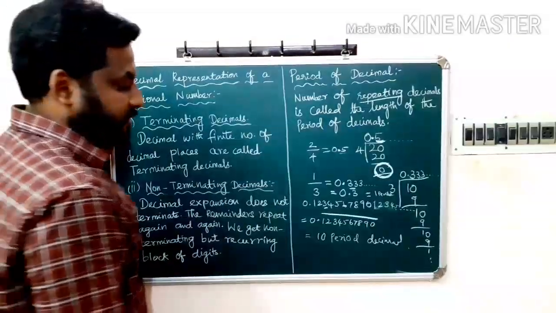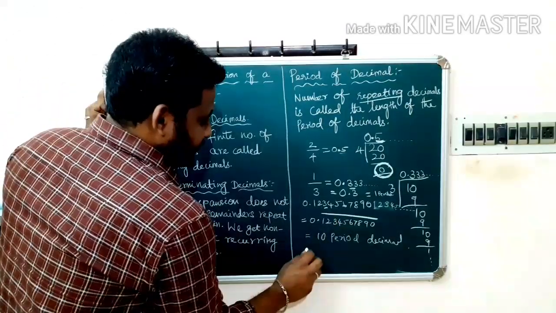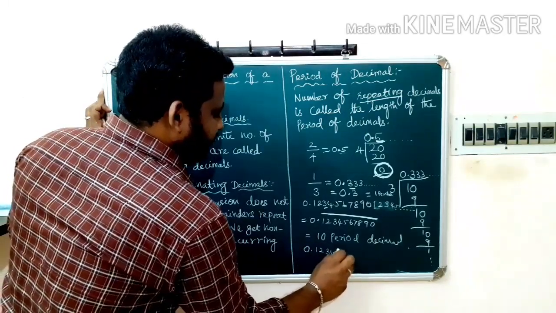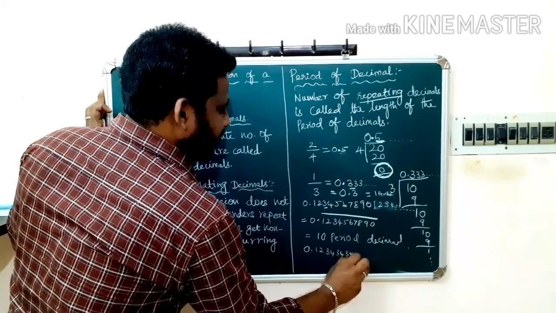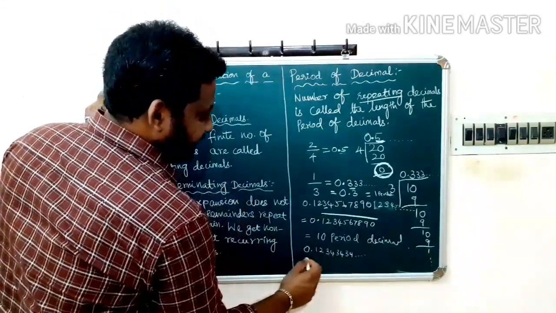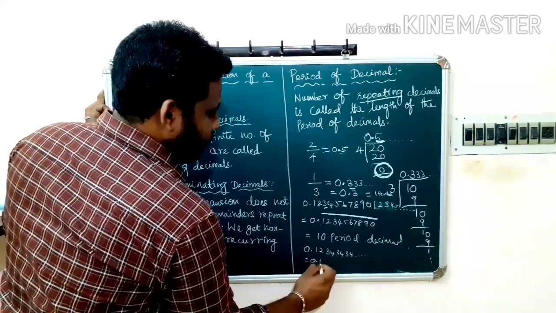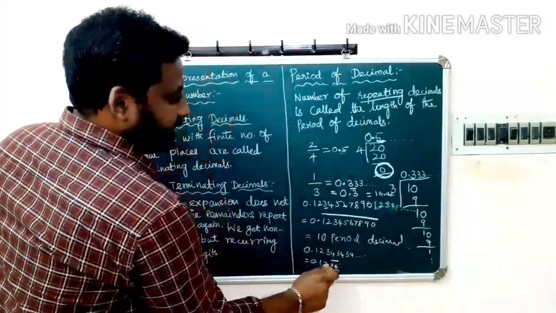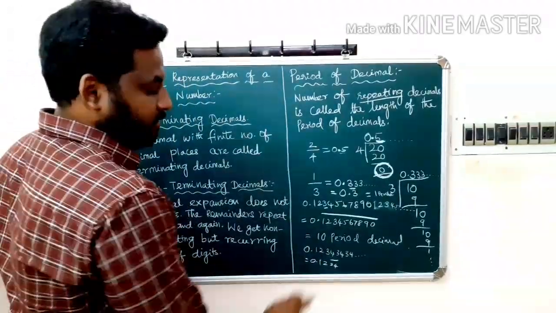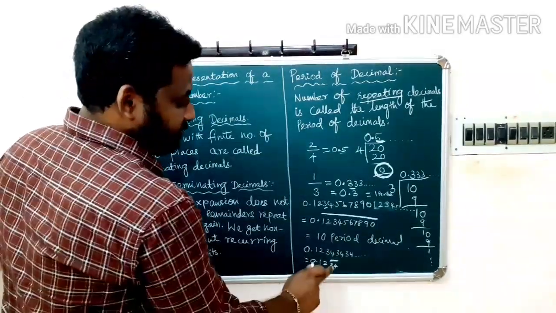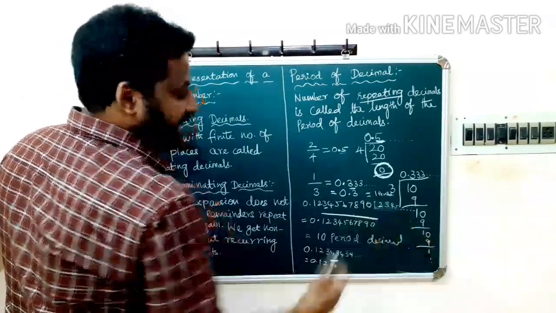Or else imagine a number 0.1, 2, 3, 4, 3, 4, 3, 4. Only 3, 4 is repeating again and again, which means we can write this number as 0.1234 with a bar over 3, 4. Having that bar symbol means only 3, 4 is repeating again and again.